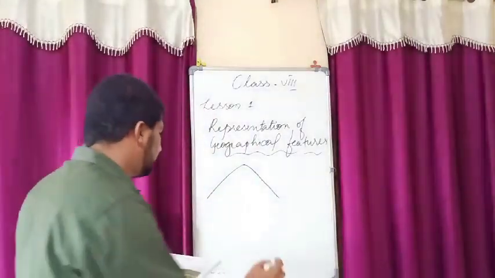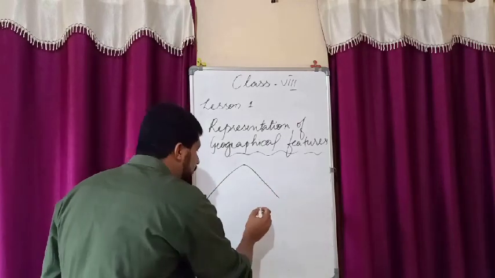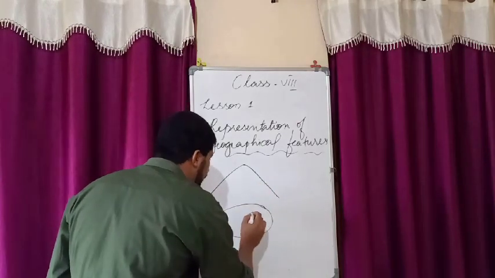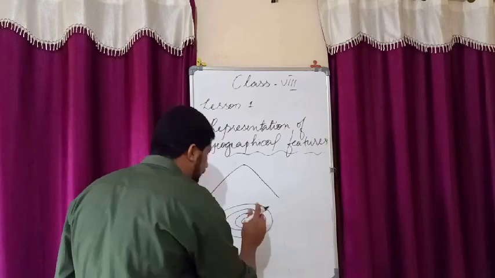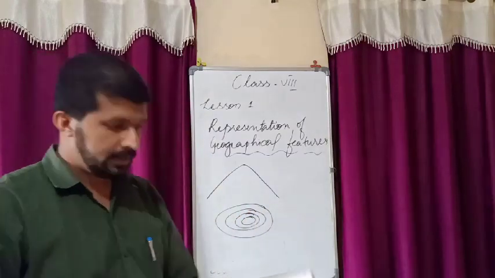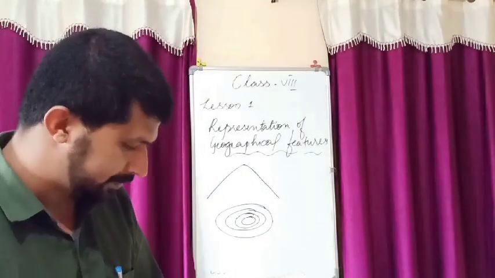We have already seen that in a conical hill, slopes are gentle, so contour lines have the same interval from each and every point. Such a land feature can be easily marked by using contour lines.